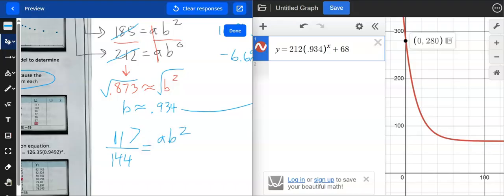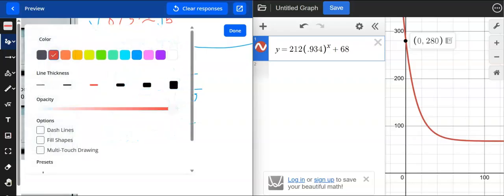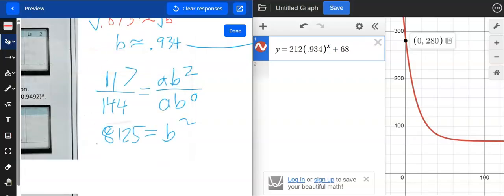And so if we go through this, 117 divided by 144, and take the square root like we had before, I actually got a slightly different value. 0.8125, and then we would take a square root. 0.901.